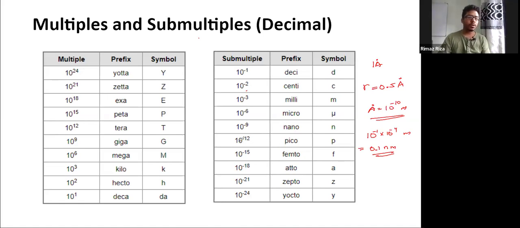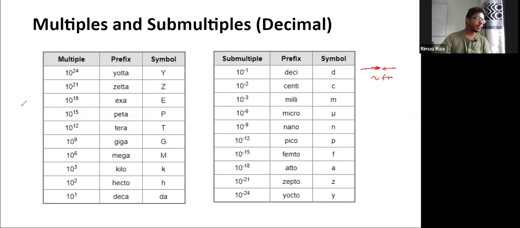And pico is 10 to the power minus 12. And 10 to the power minus 15 is femtometer. Femtometer is actually the size of a nucleus. The size of a nucleus is approximately in the range of femtometers.